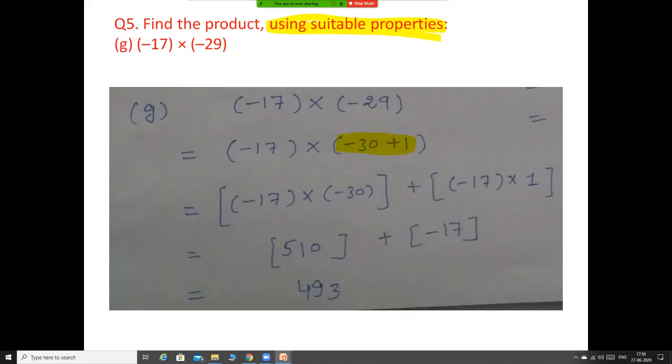Now what we are going to do next? Minus 17 into this minus 30 in one bracket. Minus 17 into 1 in the second bracket.